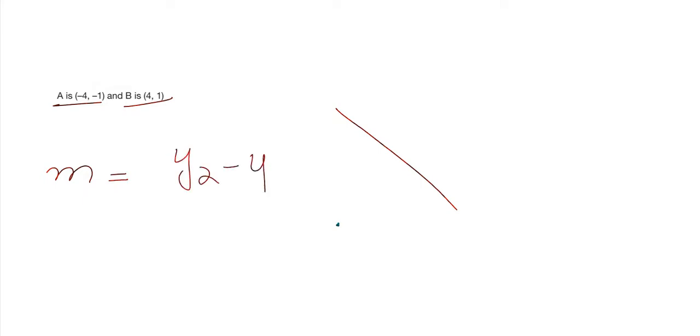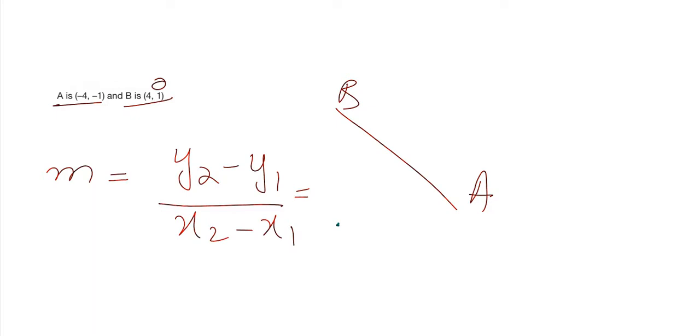So let's check out another question. Over here they have given us the ordered pairs, and now we have to take out the gradient from these points. A has this point and B has this point. So what's the formula for taking out the gradient? That's y2 minus y1 over x2 minus x1. So it's the line A and B, and we have to write the y values. This is x1 and y1, and this other pair is x2 and y2.